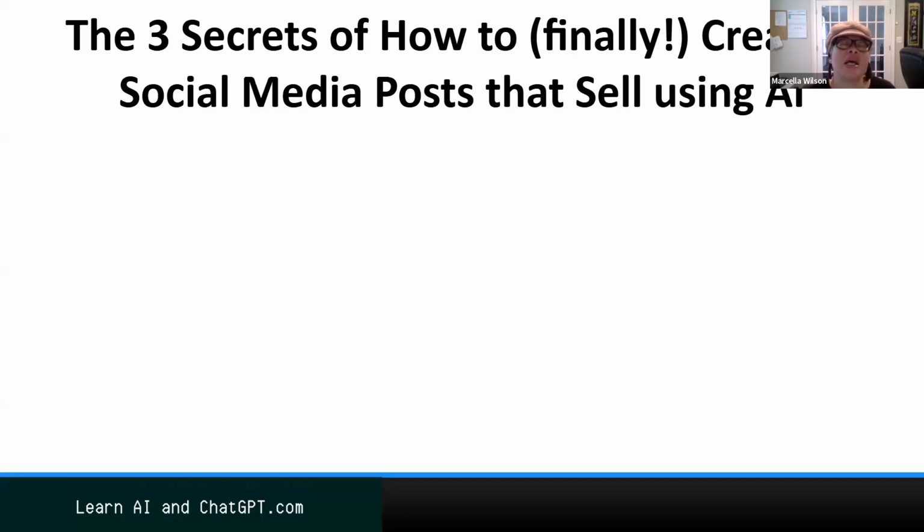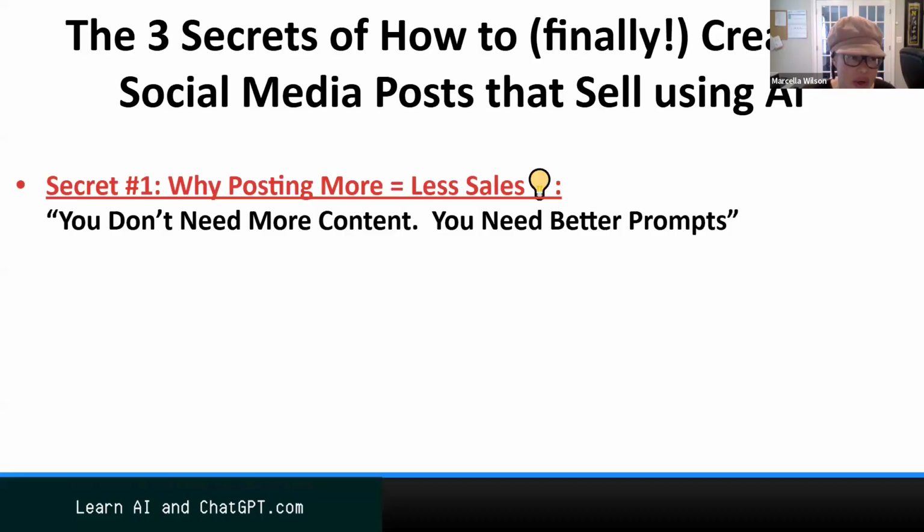So let's get into the meat of what I want to talk about tonight. Let's talk about the 3 secrets of how to finally create a social media post that sells using AI. So here are my 3 secrets. My first secret is why posting more equals less sales.